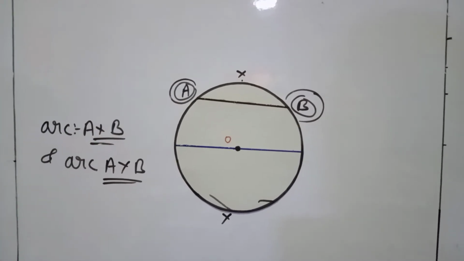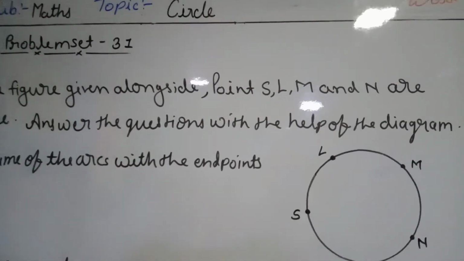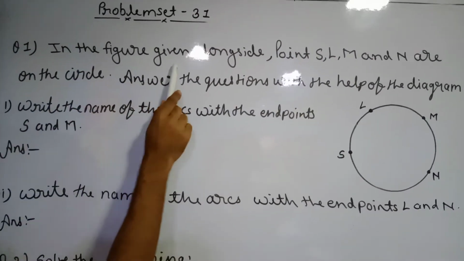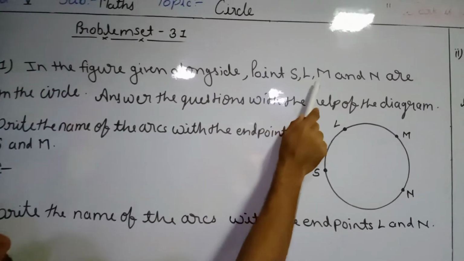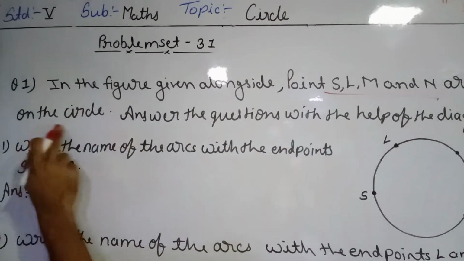Now come to practice set number 31. Here we have the question. You can see in the figure given alongside, points S, L, M and N. These 4 points are on the circle.